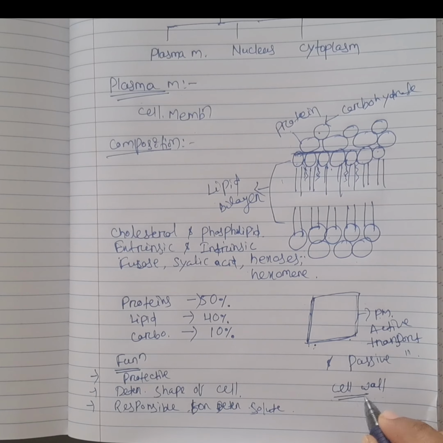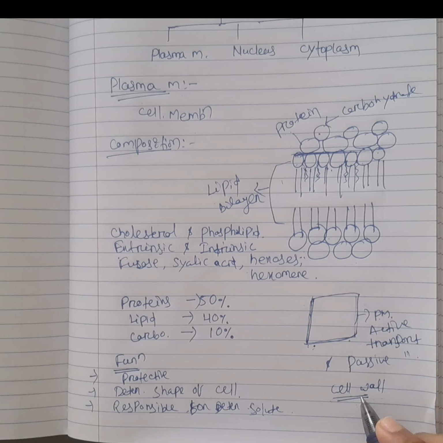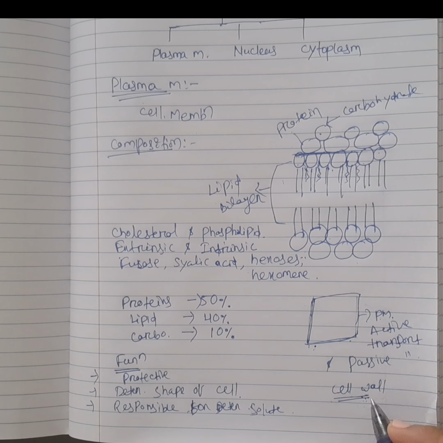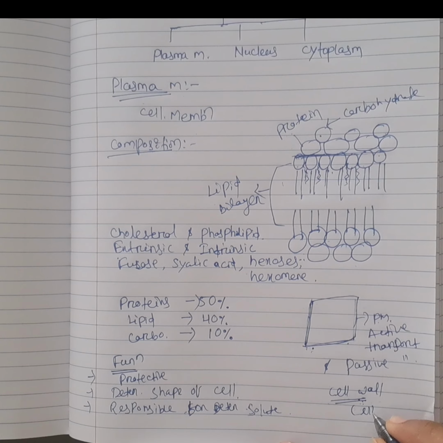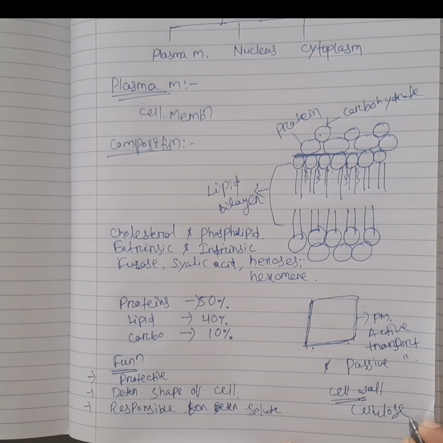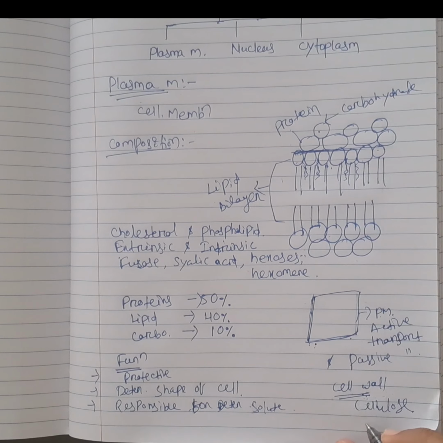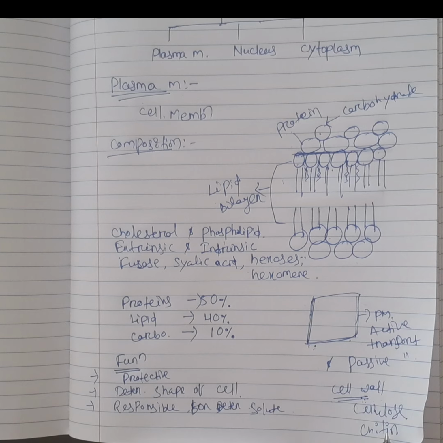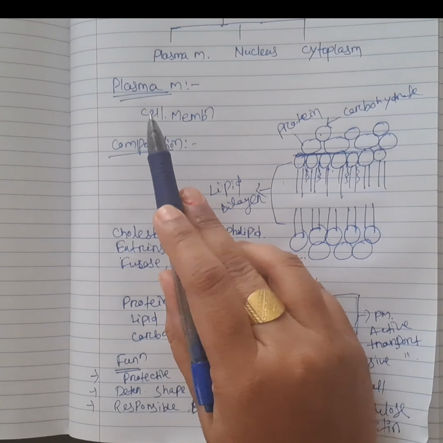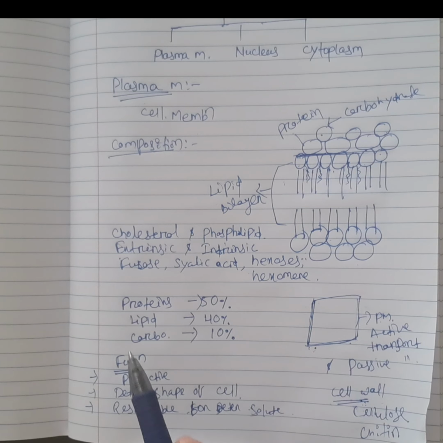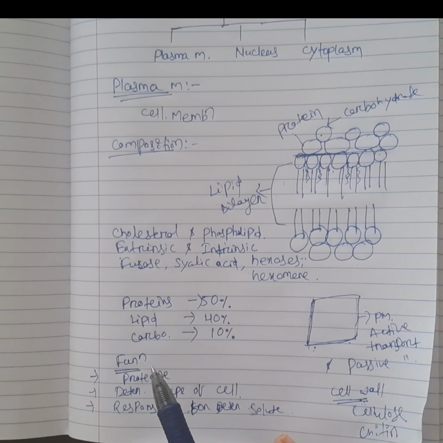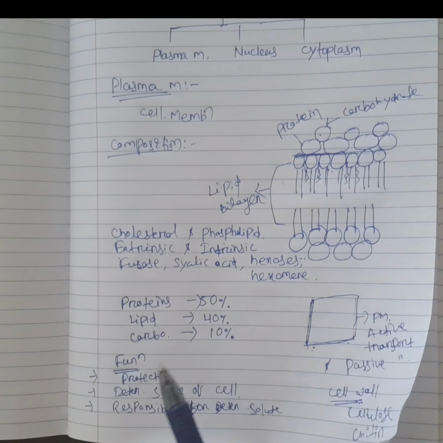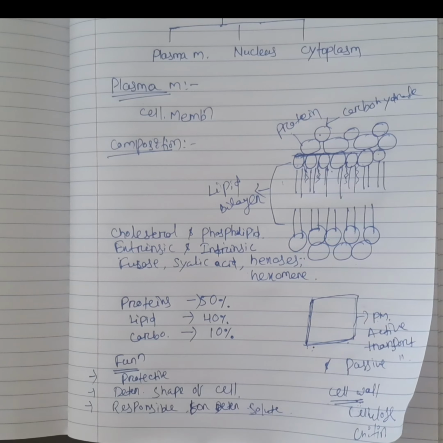The composition of the cell wall varies from organism to organism. Like in plants, the cell wall is made up of cellulose, whereas in fungi it is made up of chitin. But the plasma membrane is made up of only protein, lipid and carbohydrates, and it is a definite composition.